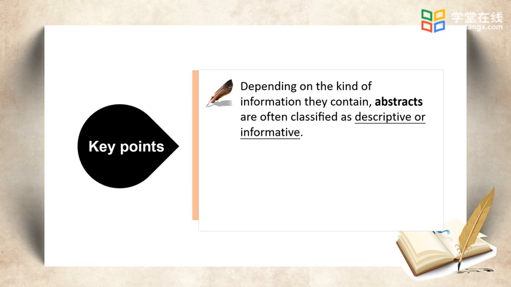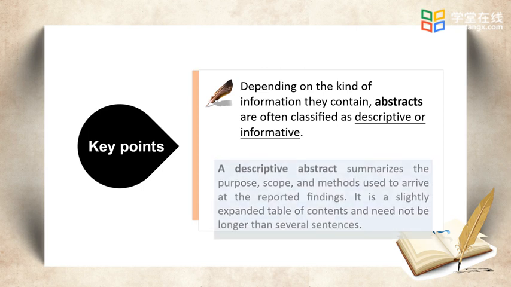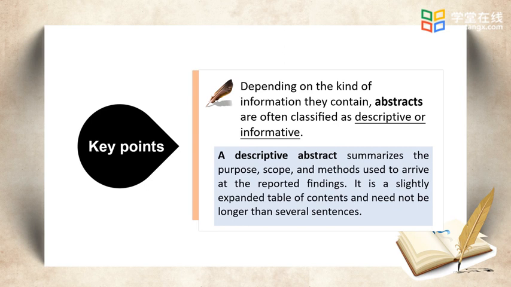Depending on the kind of information they contain, abstracts are often classified as descriptive or informative. A descriptive abstract summarizes the purpose, scope, and the methods used to arrive at the reported findings. It is a slightly expanded table of contents and need not be longer than several sentences.